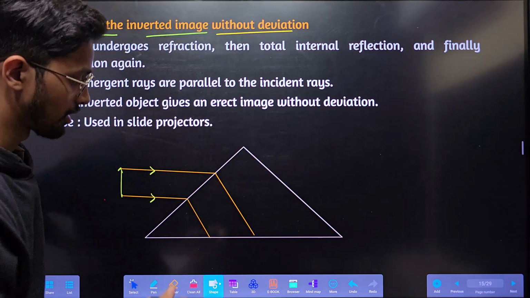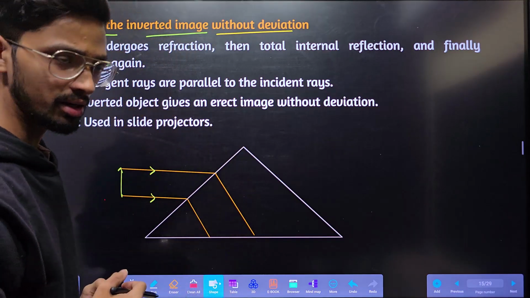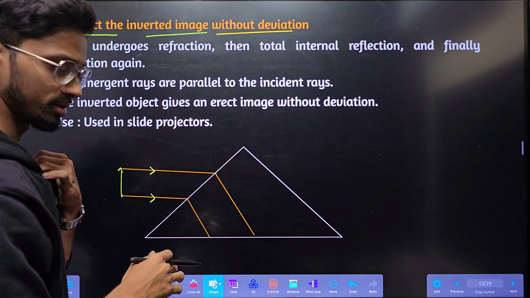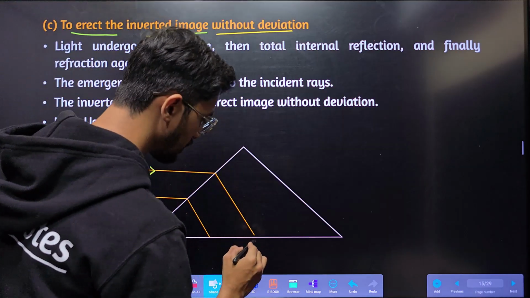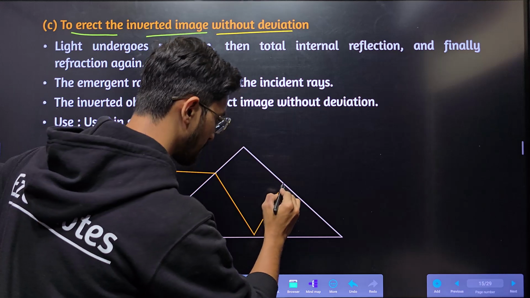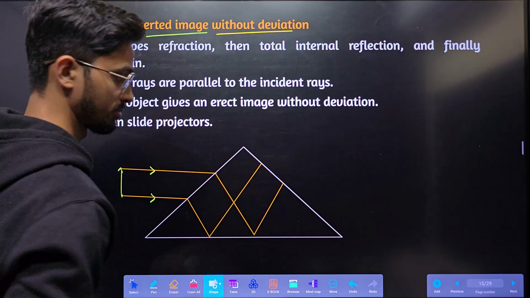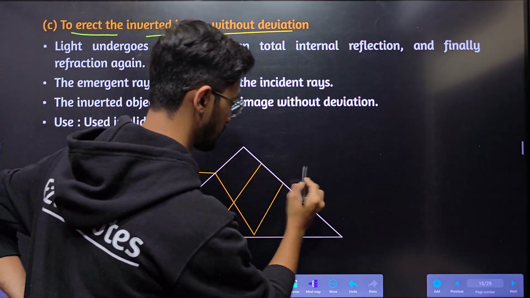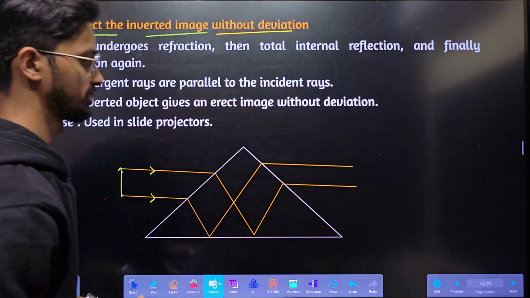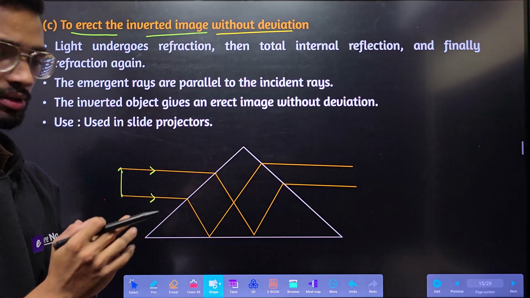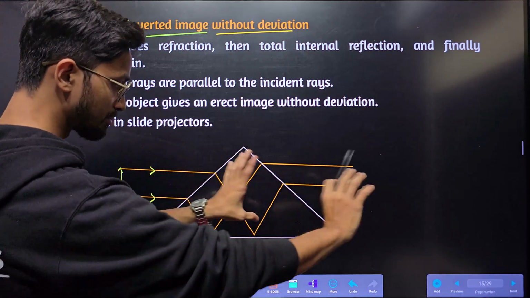Now this angle will be greater than critical angle. If we calculate, it will be greater than critical angle. Now what happens? This will get reflected back by this way, like this. If you draw it clearly with scale and pencil, it will be parallel.